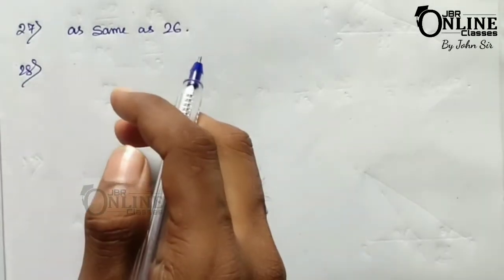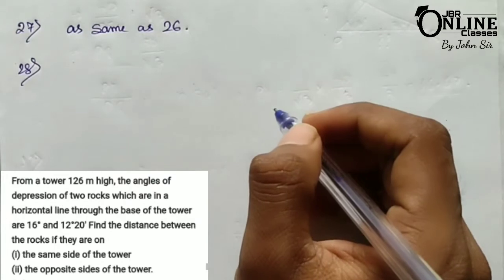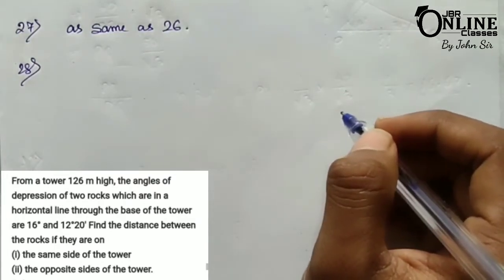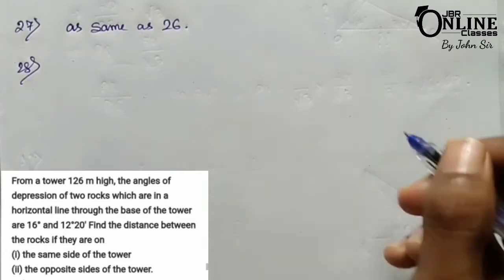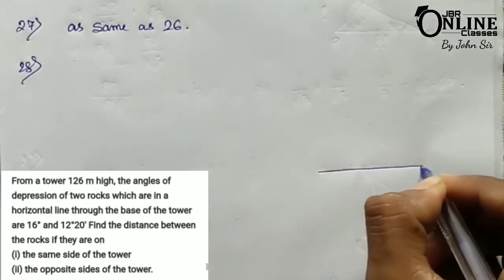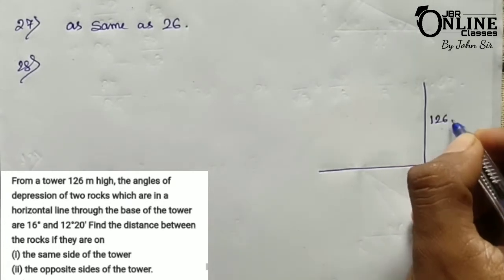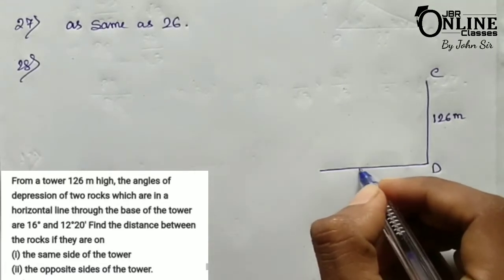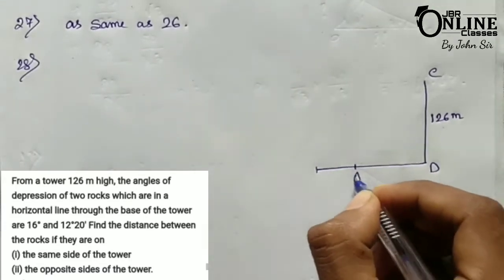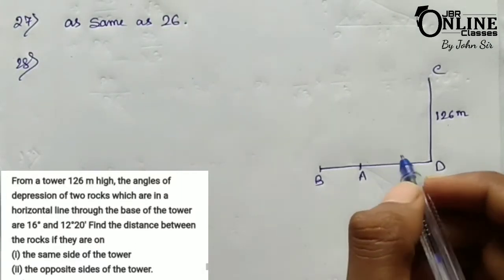Now sum number 28. In sum number 28, from a tower 126 meter high, the angles of depression of two rocks which are on a horizontal line through the base of the tower. So here that is the tower whose height is equal to 126 meter. Suppose CD is the tower and here the two rocks A and B. A is the first position of the rock and the second is the second position of the rock.